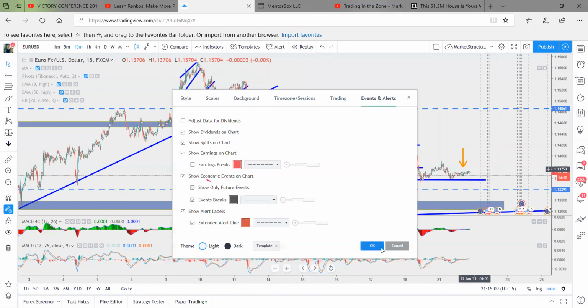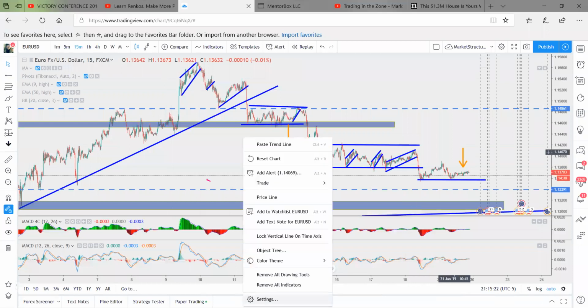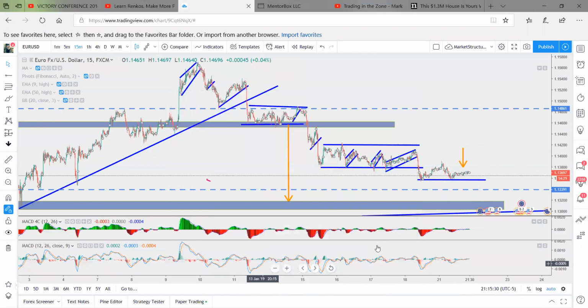Click that. And right here, it's got your news turned on. So right here, we have news on this pair whenever you see these at the bottom. Or you can always go to forexfactory.com. But some people like having them on. I don't want the event breaks. So that's how you turn your news on and off.